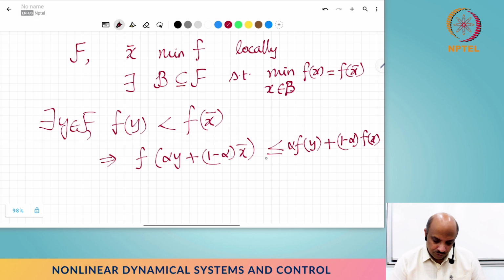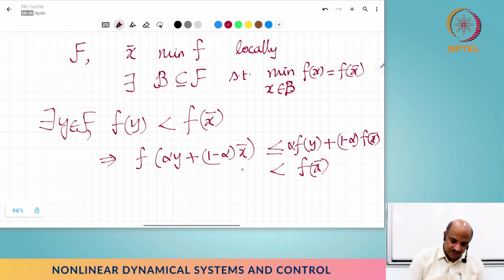And if you pay attention, alpha equal to 0 produces x bar. So as you keep increasing alpha, out of these two, f of x bar is big. So in fact, for anything between 0 and 1, this is strictly less than f of x bar. And this is essentially saying the entire line joining x bar and y is going to be such that f of x bar is greater than that.